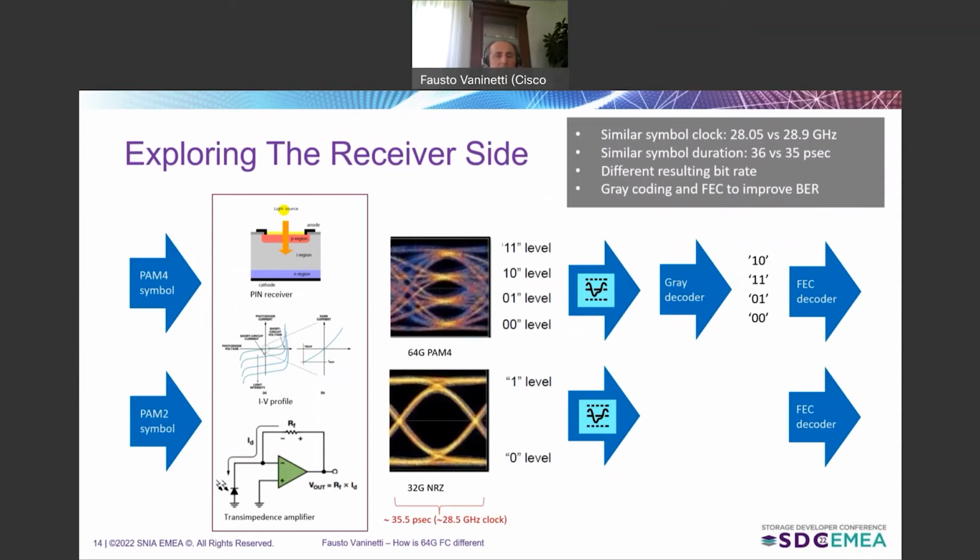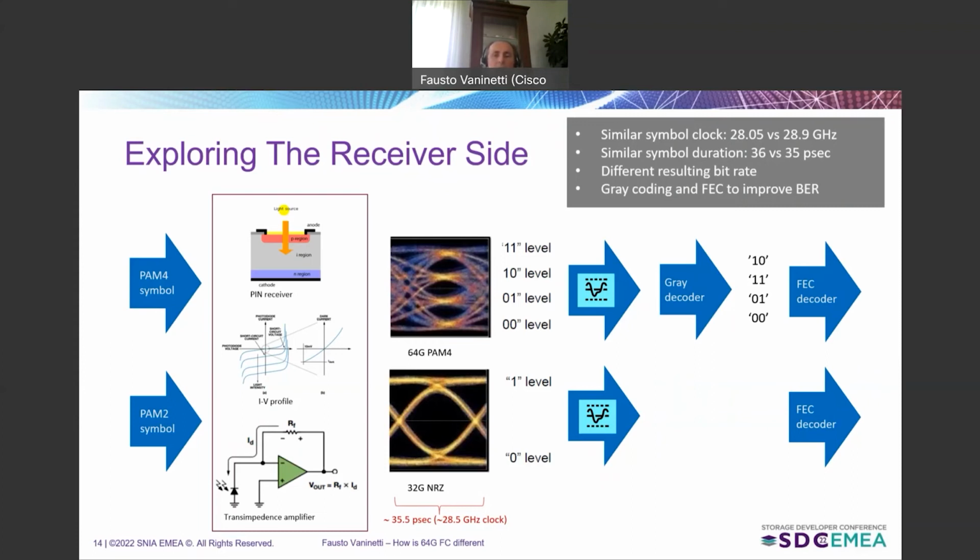The signal comes in on your PIN photodetector, goes through a transimpedance amplifier, and it can be represented with its eye diagram. At 32 gig, the eye diagram is pretty simple because you have only 2 levels. At 64 gig, the eye diagram gets more complex, and you actually have 3 eyes in the same slot.